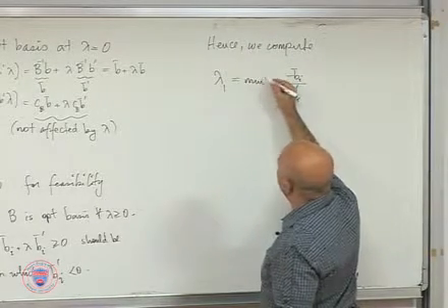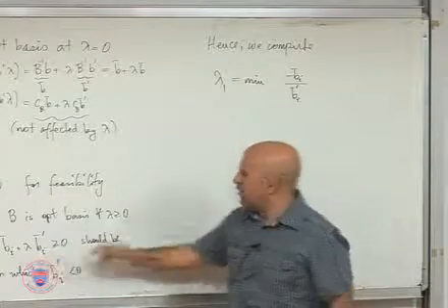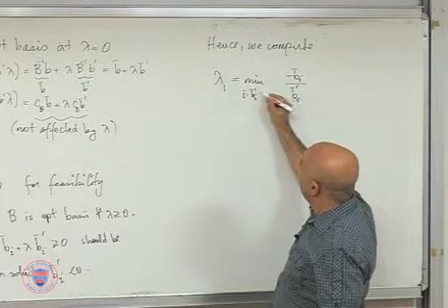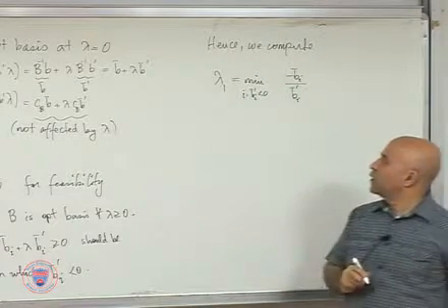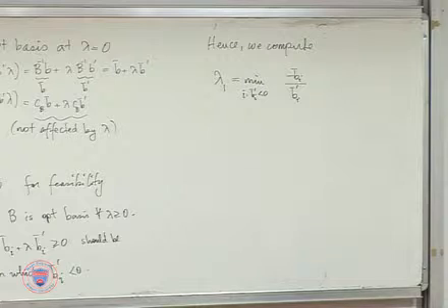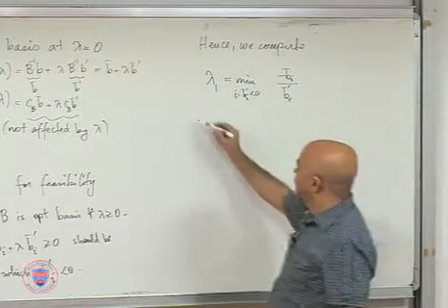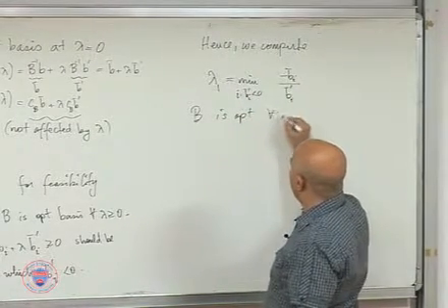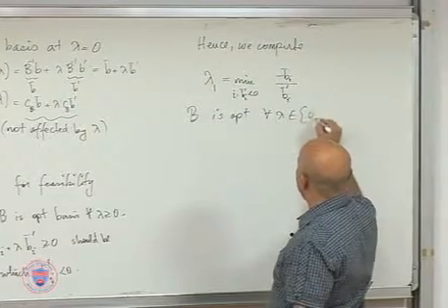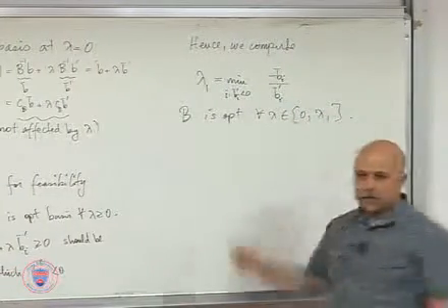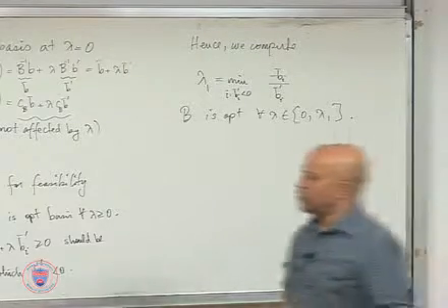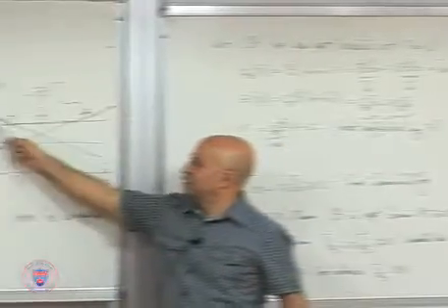You want to compute the minimum such ratio out of those i for which Bi bar prime is less than 0. B is optimal for all lambda in the interval 0 to lambda 1. That's it. That's the first piece in the picture.